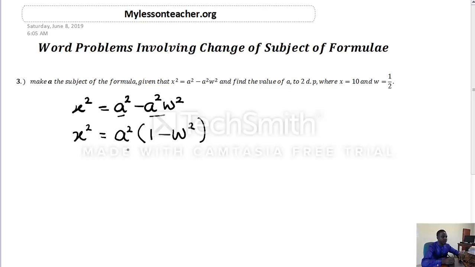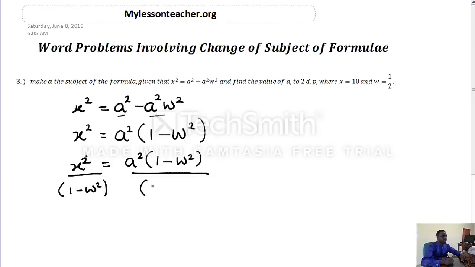Next is to divide both sides by bracket 1 minus w squared, so that x squared divided by bracket 1 minus w squared is equal to a squared into 1 minus w squared, all divided by bracket 1 minus w squared.